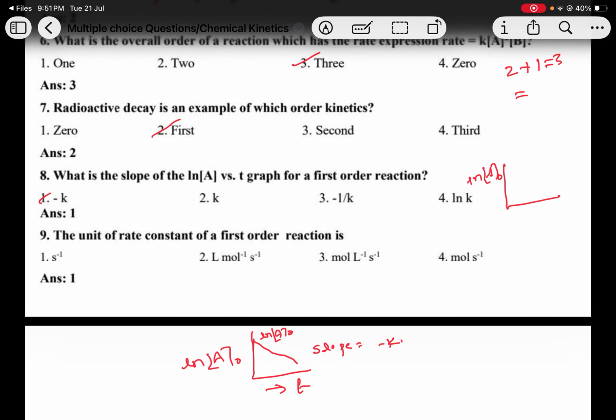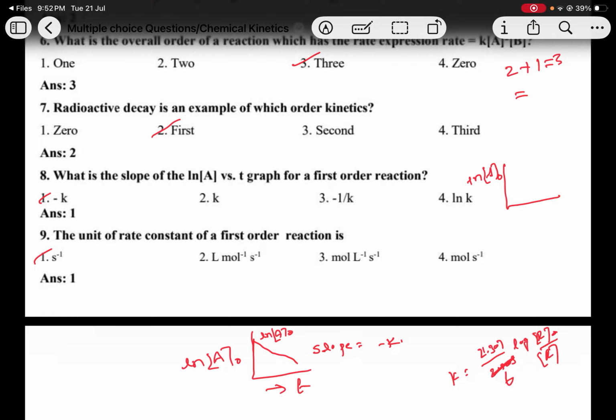Next, ninth one, the unit of rate constant of a first order reaction is second inverse. For first order reaction, k is equal to 2.303 by t log A naught by A, the initial concentration of the reactant by concentration of the reactant at a particular time.